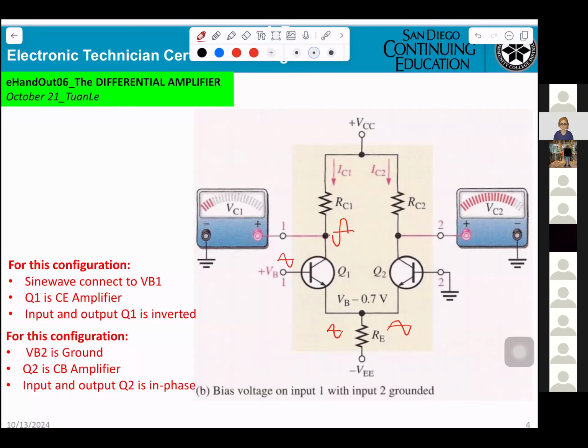So this signal will be applied to the emitter of Q2, and that is a collector. So that's why Q2 will be a CB amplifier. One will be CE and another one will be CB. In a CB amplifier, the output will be in phase with the input.